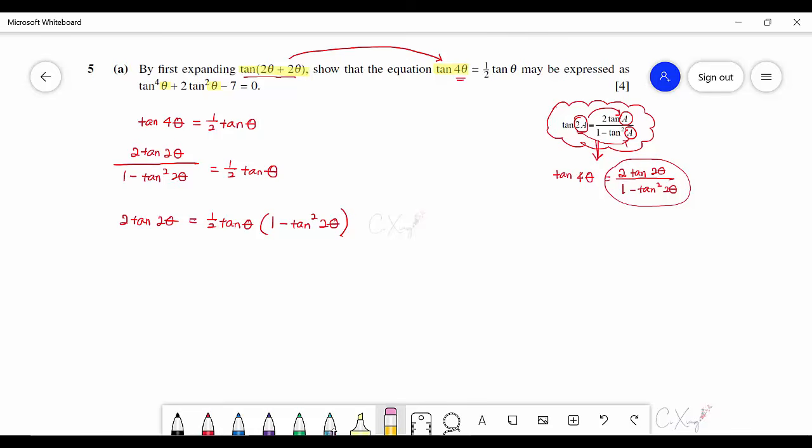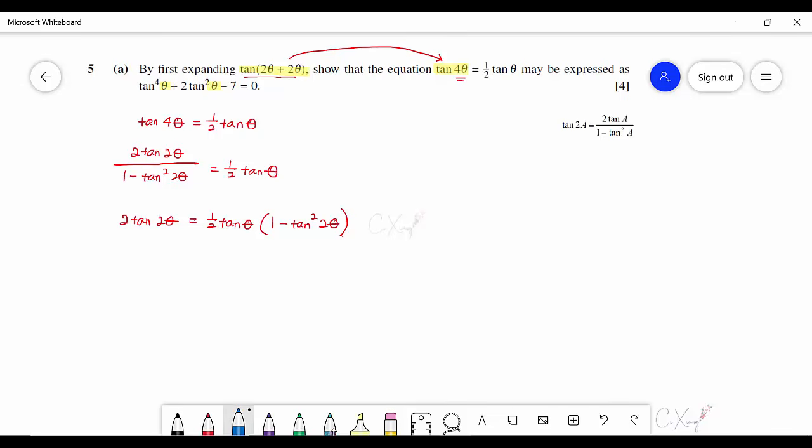Okay, so now the next step is I will need to change the 2 theta to become theta. So I'm going to apply this formula now for the double angle formula. 2, I will just copy as a 2. Tangent 2 theta, I'll write as 2 tangent theta divided by 1 minus tangent square theta.